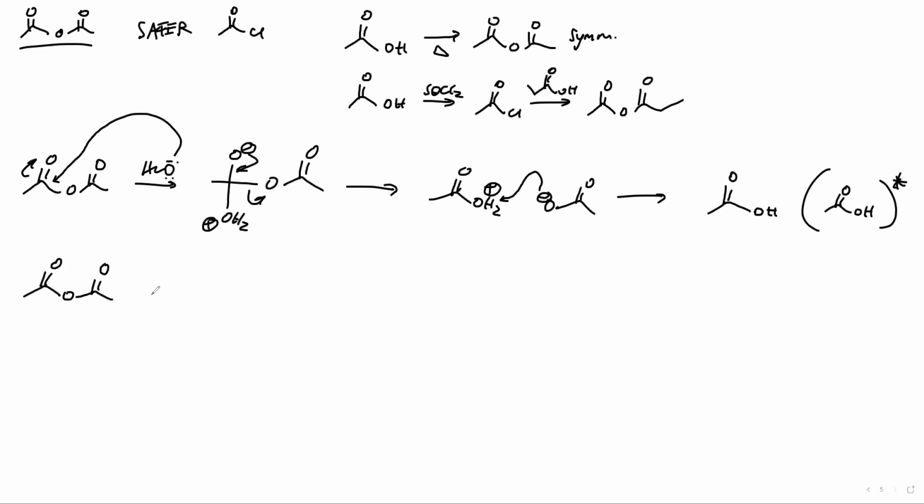You can do the exact same reaction with ROH. And again, following the same procedure, just instead of H2O, we have ROH. What we should get is an ester and a carboxylic acid leaving group. So that's also a product.